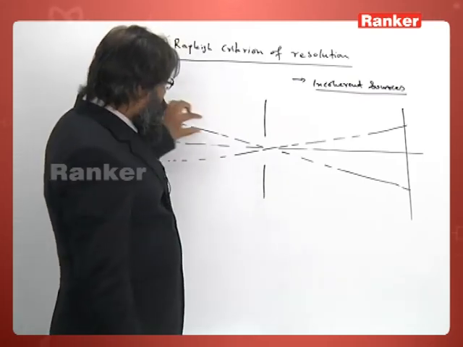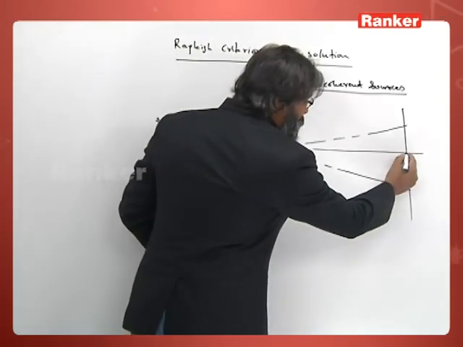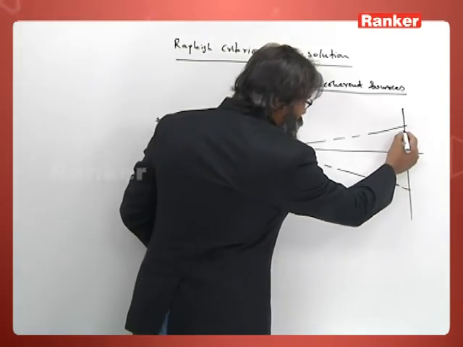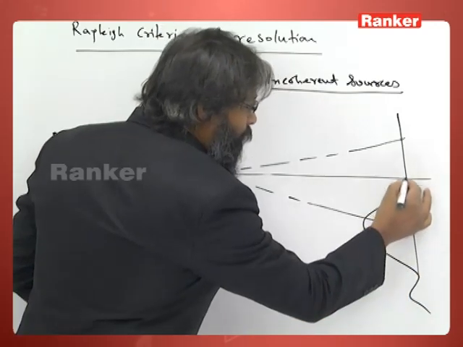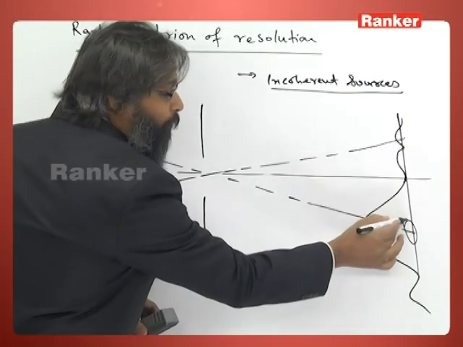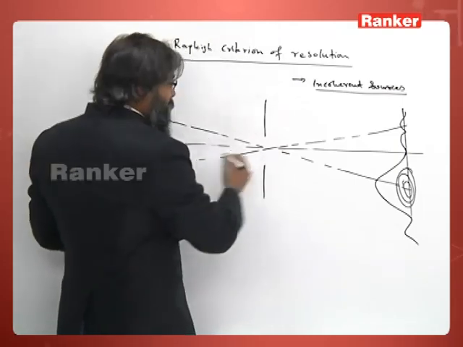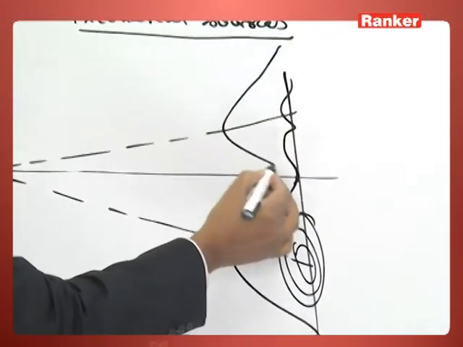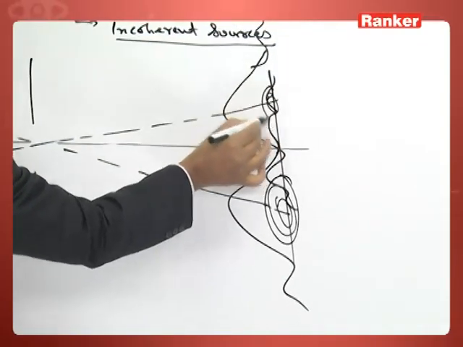Due to S1 on this screen, we will have an Airy pattern. So the image will be in the form of discs. Now due to S2, the Airy pattern will be like this, and here also you will get discs.